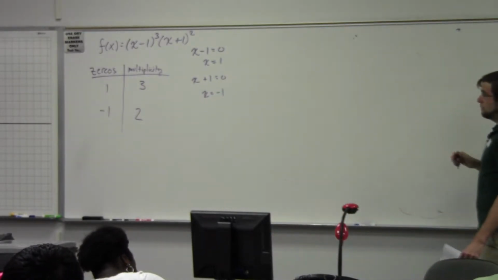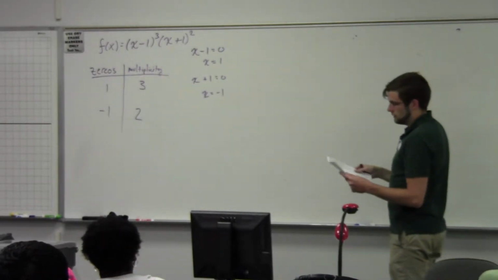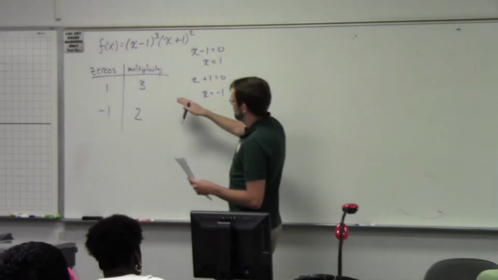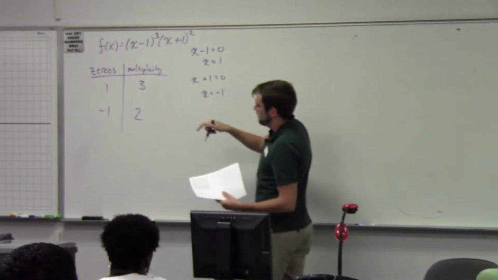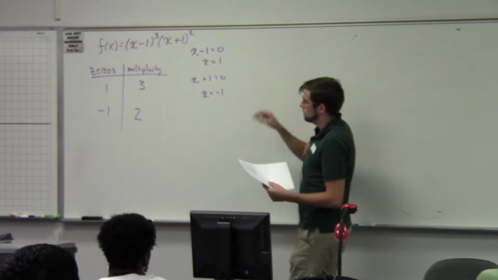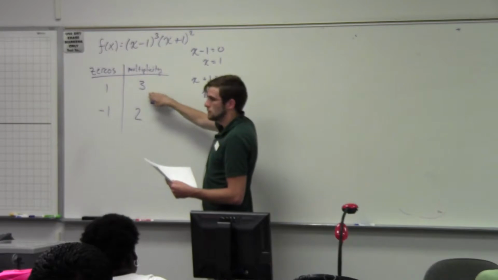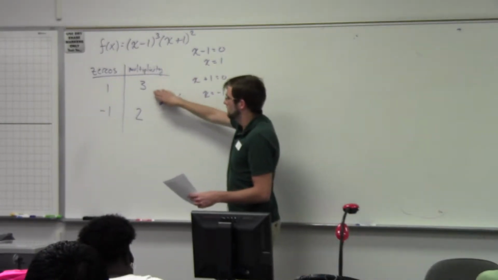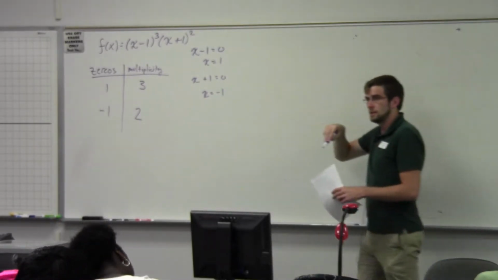Last time they both had odd multiplicity, but now we have one that's an even multiplicity. In the last graph, the lines crossed through the x-axis. If you have an odd multiplicity, the line is going to cross through the x-axis. But if I have an even multiplicity, it's going to touch it and bounce back.